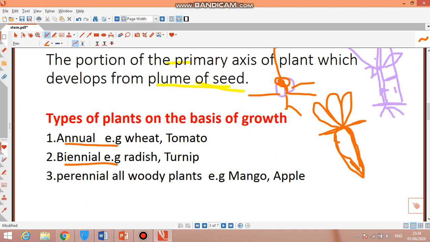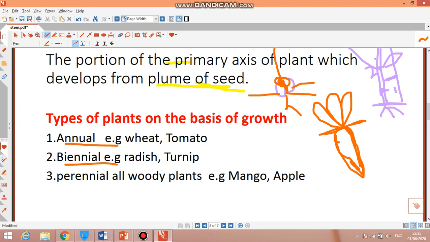That was in the case of the biennial plant, as I have told you earlier, that they store food in this tuberous root.